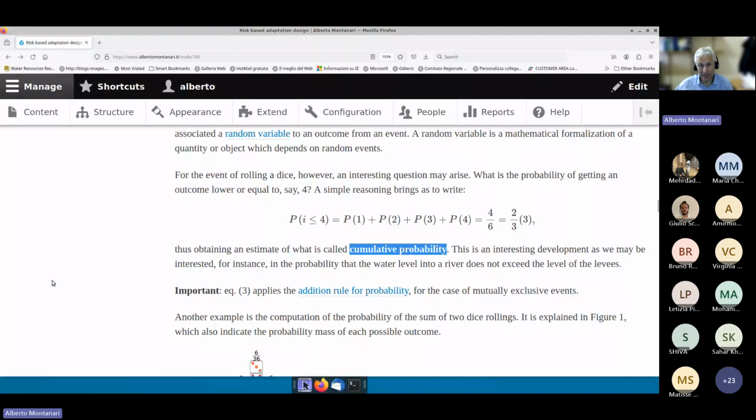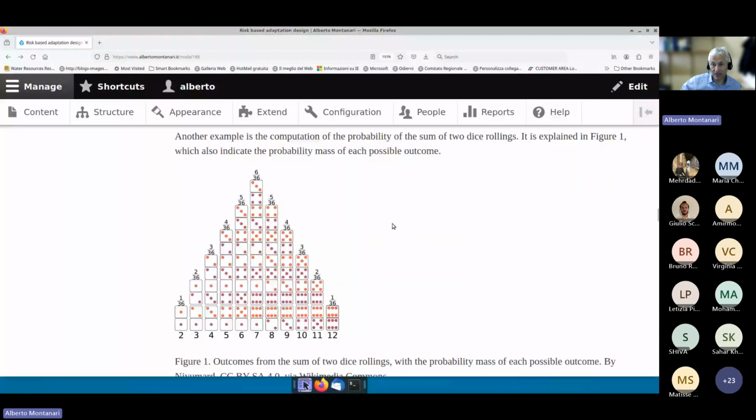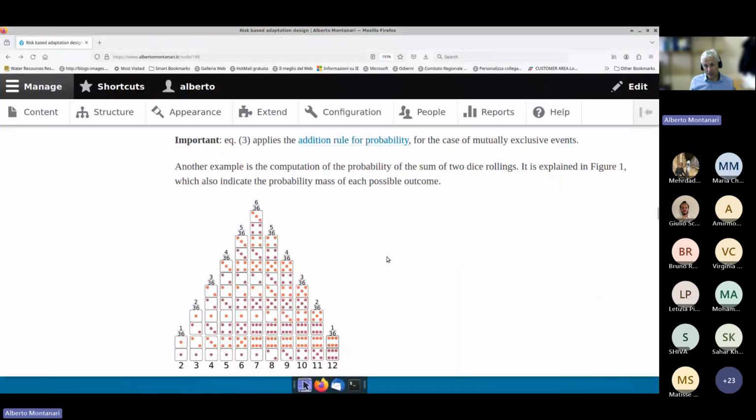Okay, here there is a figure that I leave to you to understand. It's the probability of the sum of two dice rollings. This figure shows all the possible outcomes. And again, the event is the sum of two dice rollings.